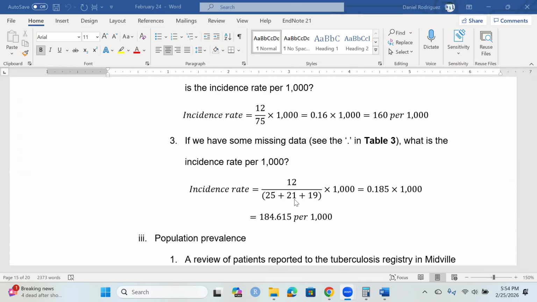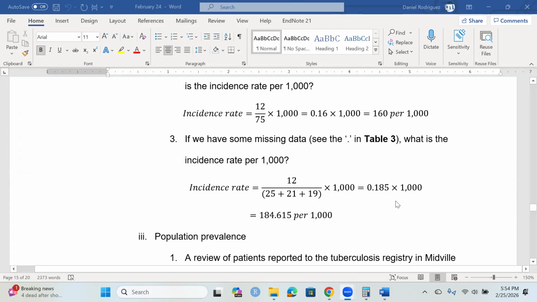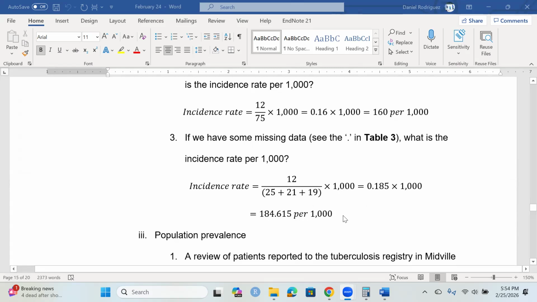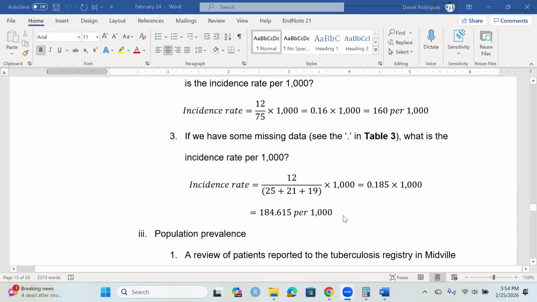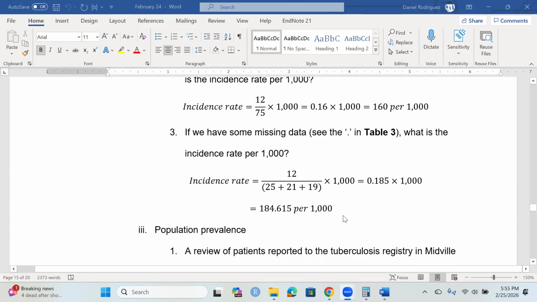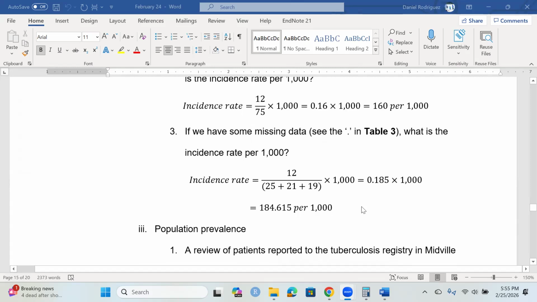And the third year, 6 individuals were missing, so we had 19 person years contributed. If we add these up together, we get 25, that's 46, 65. 65 is our denominator. So 12 divided by 65 multiplied by 1,000, we get 184.615, or I just rounded it up, per 1,000.